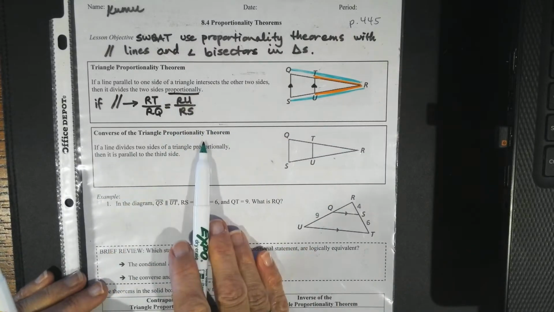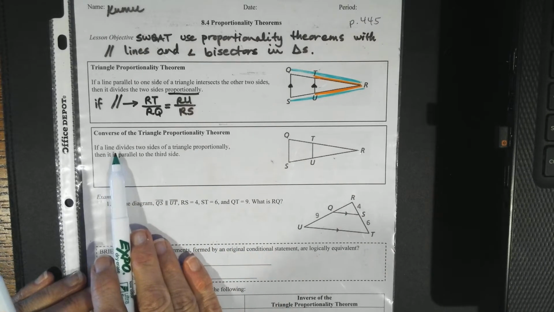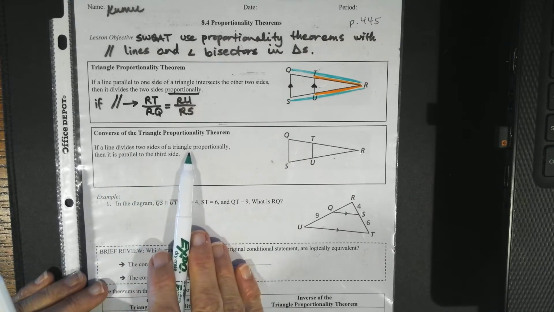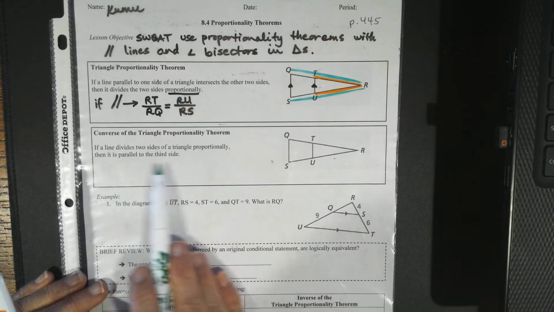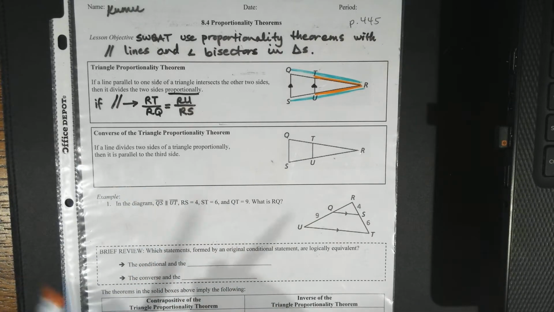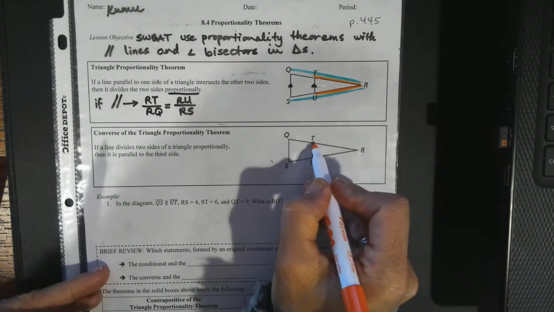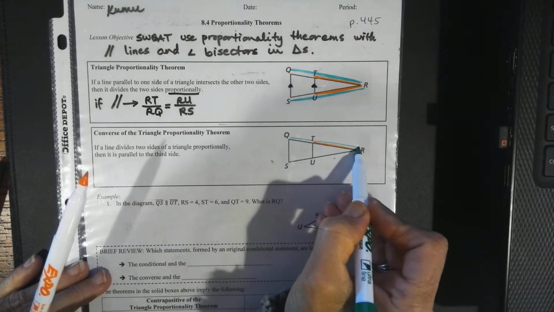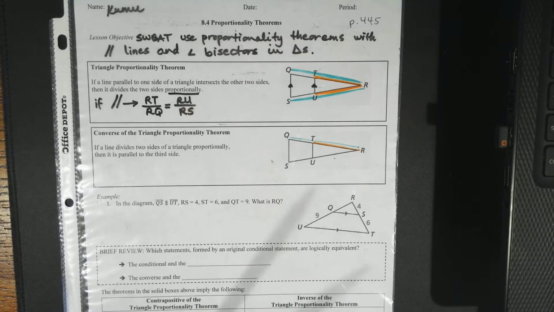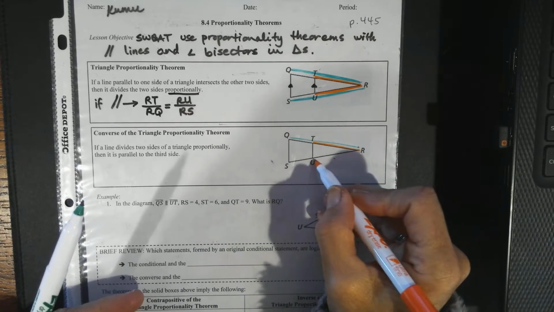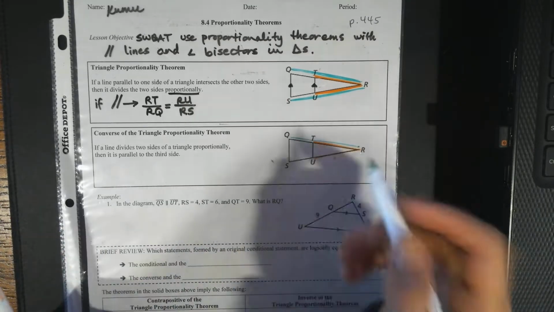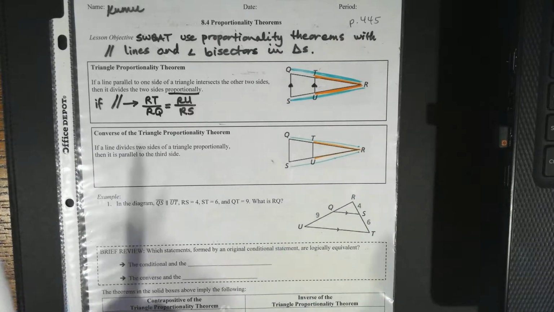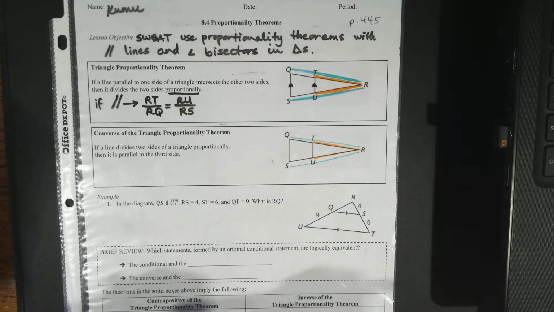We also have the converse. If you have lines dividing 2 sides of a triangle proportionally, then it's parallel. So if you have this relationship where RT is compared to RQ, and that's equal to RU compared to RS, in other words, if that's what you start with, then you get parallel.